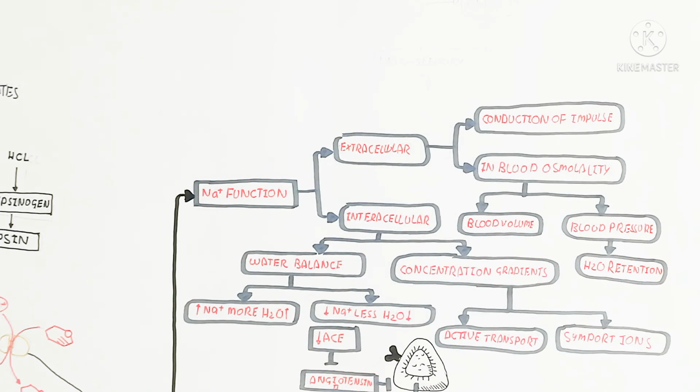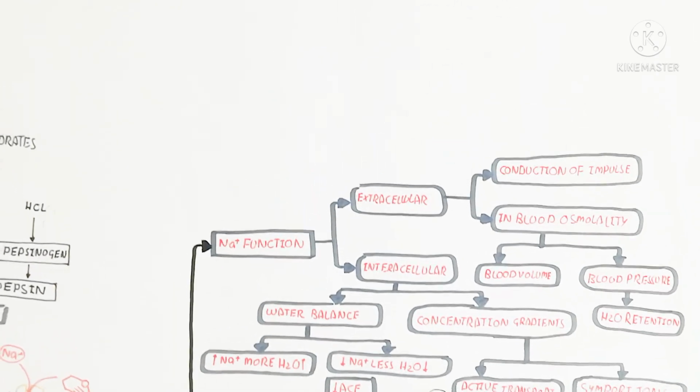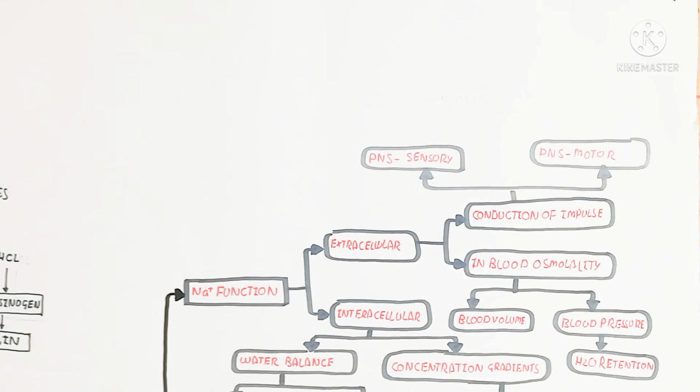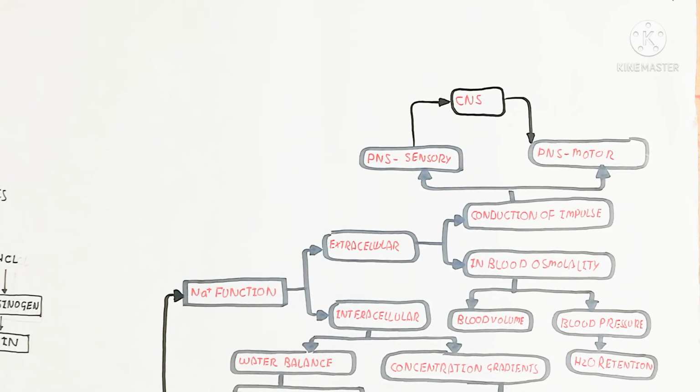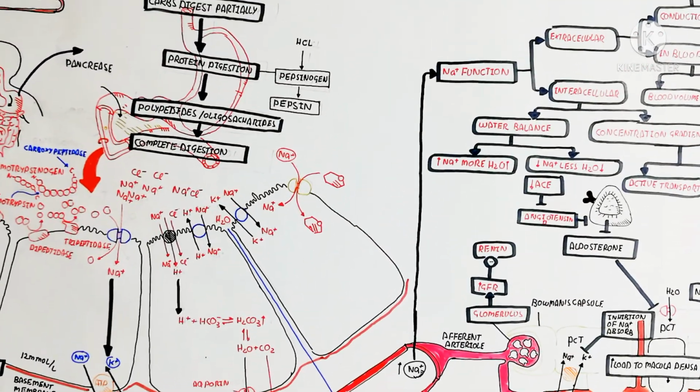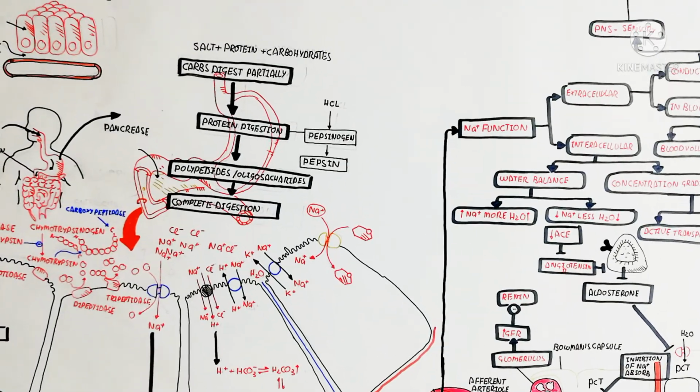Blood osmolality means the blood volume and blood pressure will be regulated, and increased water retention leads to increased blood pressure. On the other hand, the conduction of impulse in the peripheral nervous system and central nervous system occurs due to the sodium potassium exchange. So sodium is very important for nerve impulse, osmolality and homeostasis. I hope that makes sense.